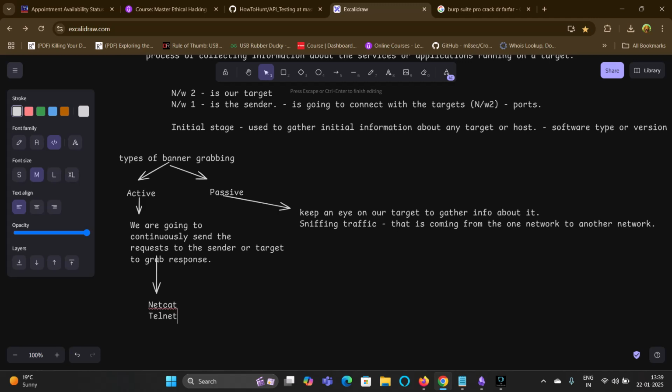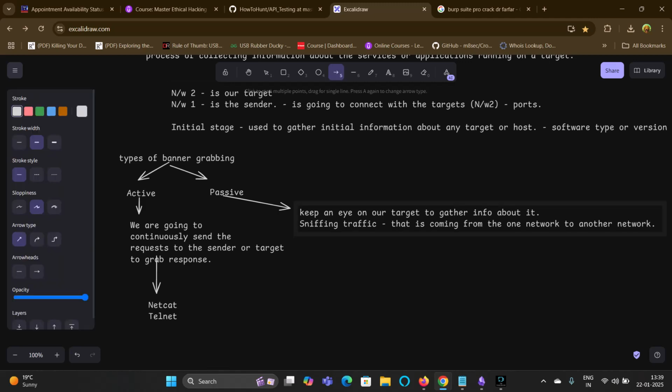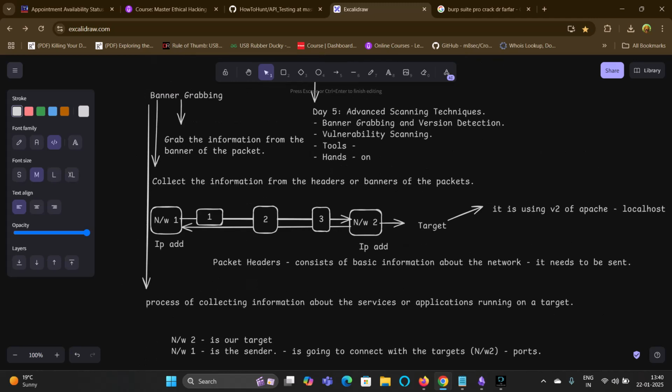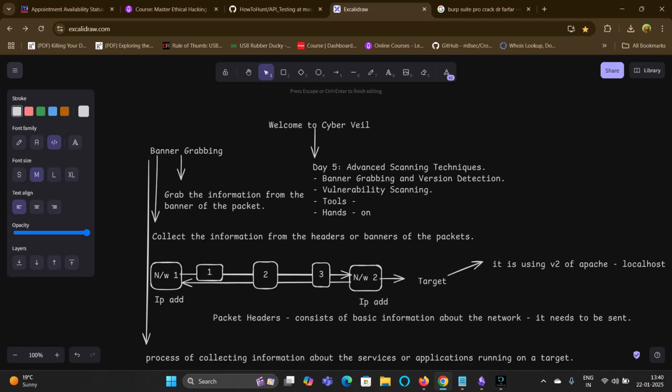And for passive banner grabbing, we are going to use Wireshark, because with the help of Wireshark you can sniff the traffic and gather information regarding that particular target. So till now we have discussed banner grabbing and the tools for banner grabbing. That means these two topics are done.